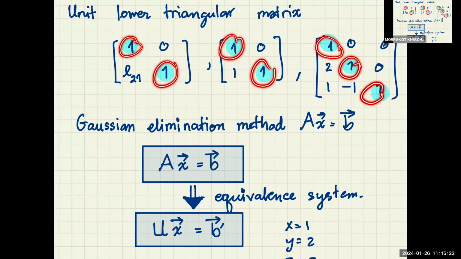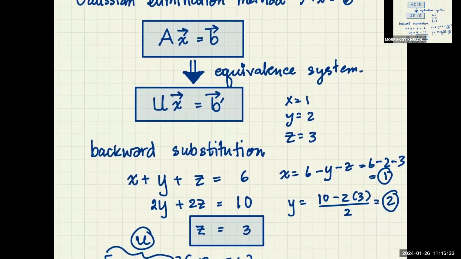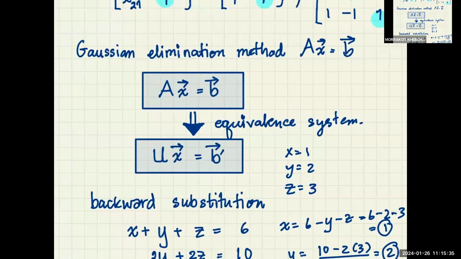And today we will learn a method of solving the system of linear equations, which is called the Gaussian elimination method, okay? What is the Gaussian elimination method? It means that we start with matrix A times x equals b. Normally, matrix A is a full matrix. It means it barely has zeros, okay?